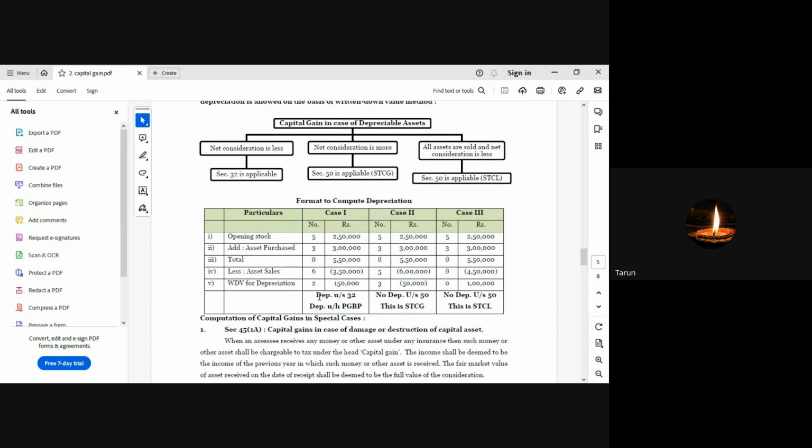If we talk about depreciation, in this case one, it is covered under profits and gains of business and profession. This is the theoretical part, and no depreciation will be given in the short term. This is a short-term capital gain.